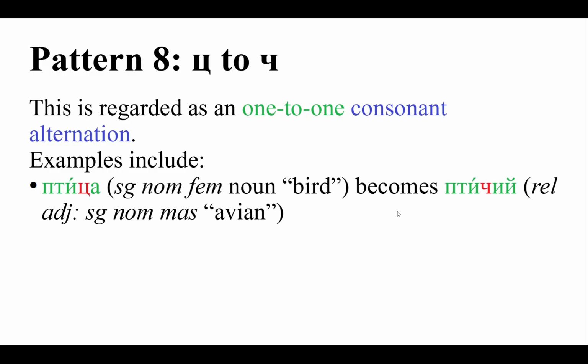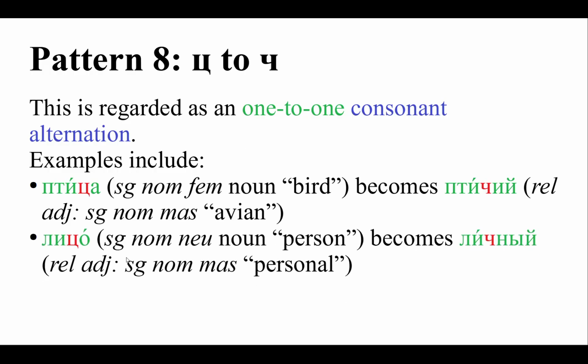So птица corresponds to птичий. Лицо, singular nominative neutral noun for a person, or face, becomes личный. Again, relative adjective. It's the singular nominative masculine form for personal. Лицо, личный.